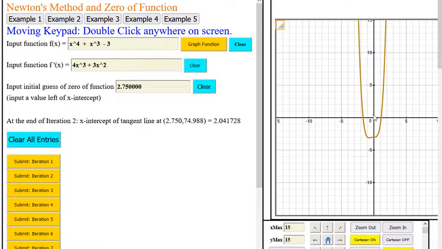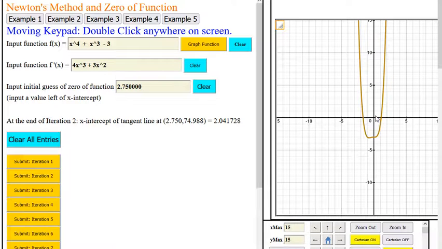So we don't want to pick an initial guess where the corresponding point would have a horizontal tangent line, because a horizontal tangent line has slope of 0, and so that's where the derivative is 0, and we would be dividing by 0, and that's going to lead to a problem.